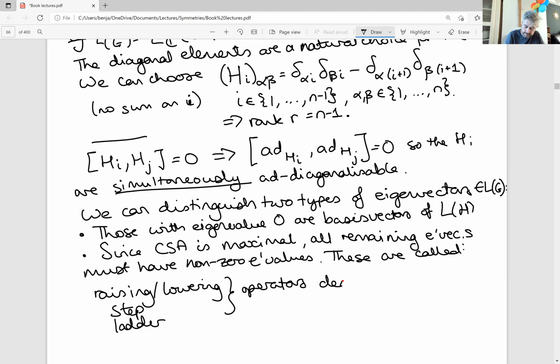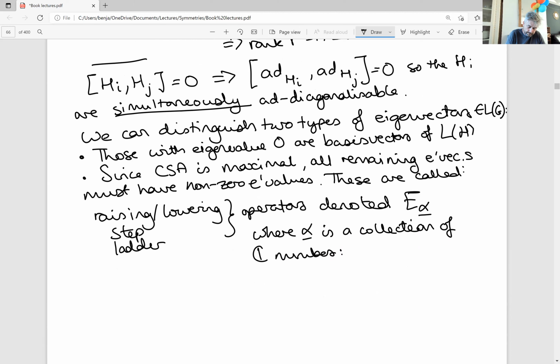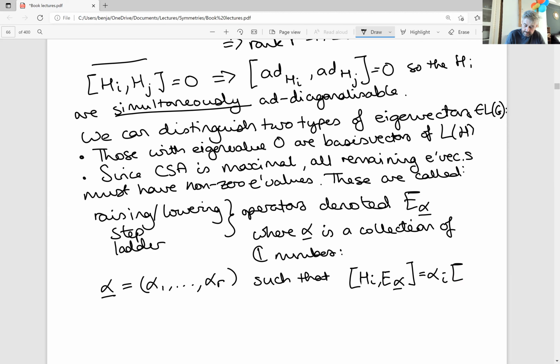And so we denote these E suffix alpha, where alpha is a vector, a list of complex numbers, alpha_1 up to alpha_r, such that the Lie bracket of H_i with E_alpha gives you alpha_i E_alpha.